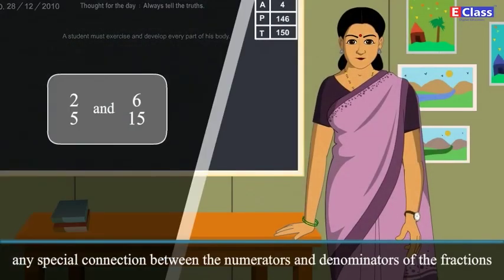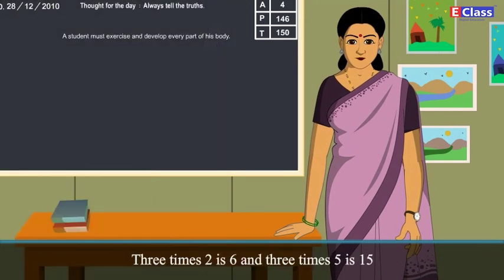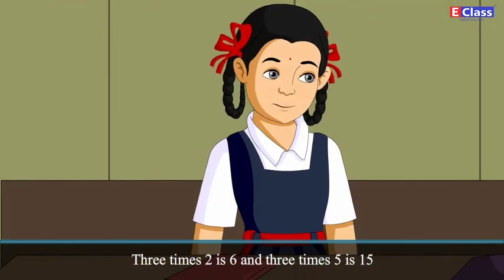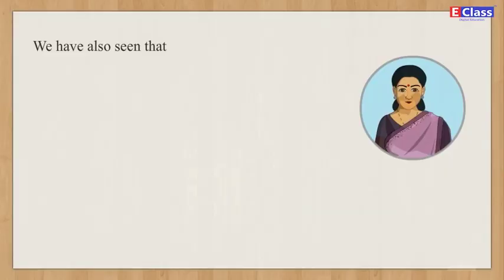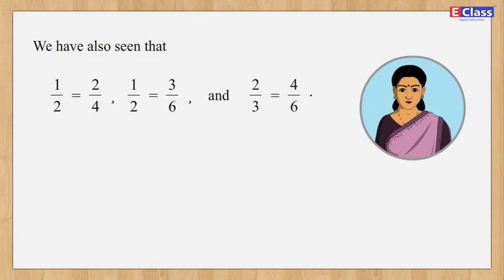Do you see any special connection between the numerators and denominators of the fractions 2 upon 5 and 6 upon 15? 3 times 2 is 6 and 3 times 5 is 15. We have also seen that 1 upon 2 is equal to 2 upon 4, 1 upon 2 is equal to 3 upon 6 and 2 upon 3 is equal to 4 upon 6.